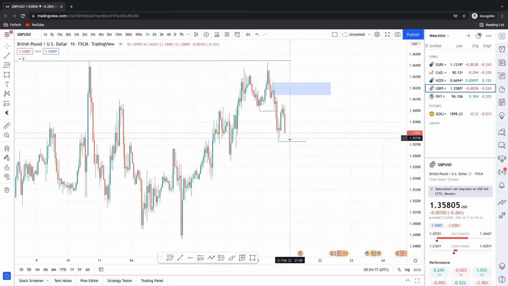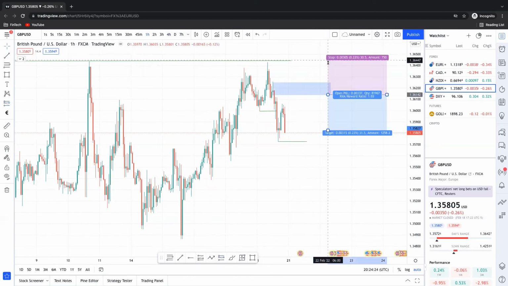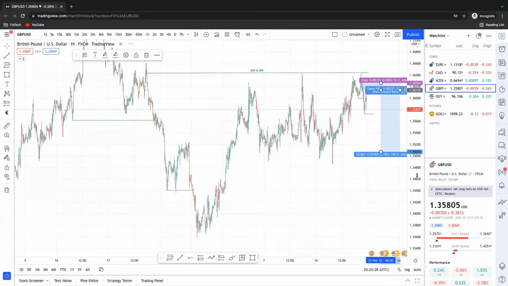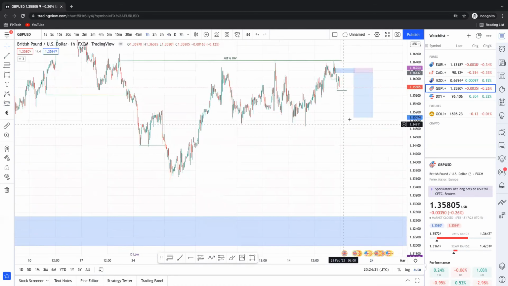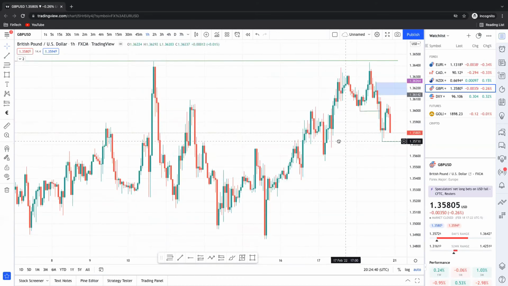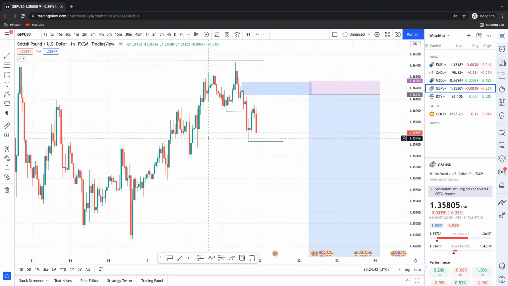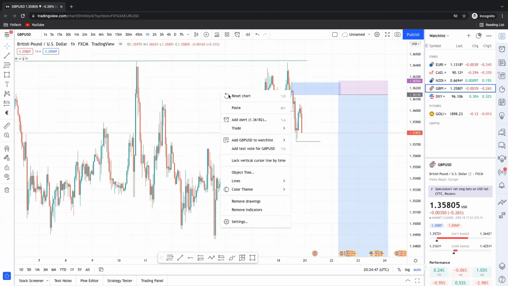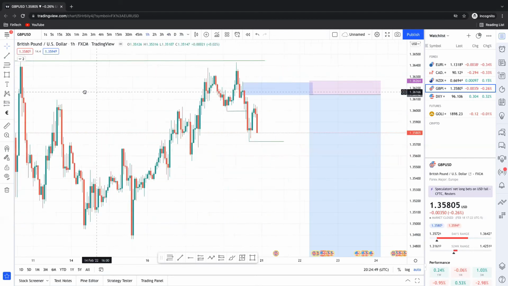So I would wait for this and look for a short opportunity from this area, and we're going to take it down to at least this low. If it breaks this one, it's going to continue to drop, but just see tomorrow, or if we get the second break, it will be good then to continue downwards, right?